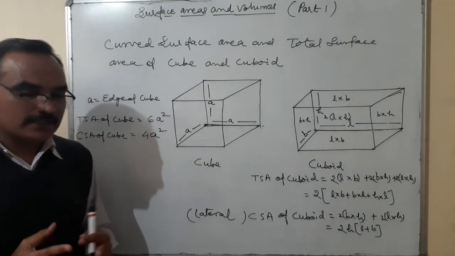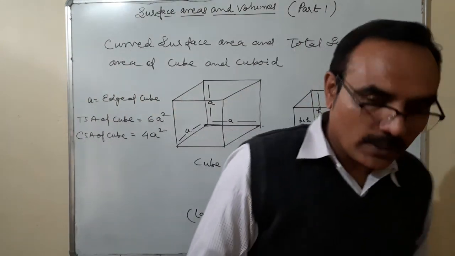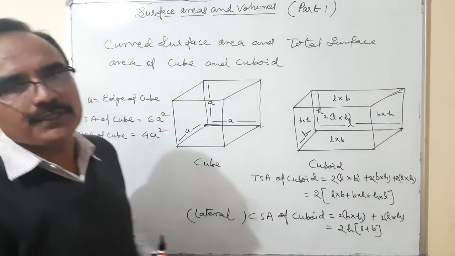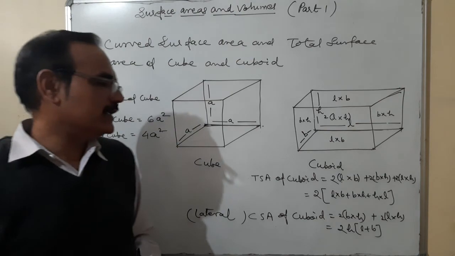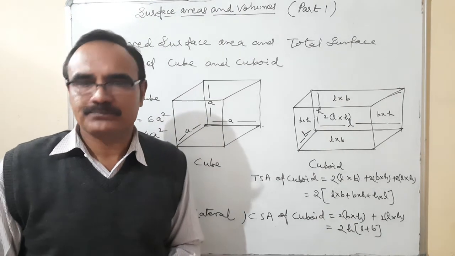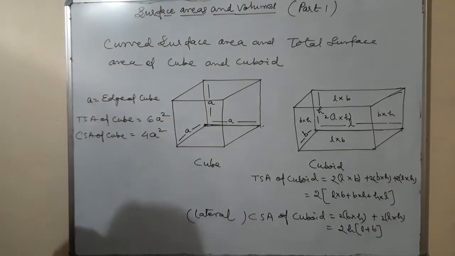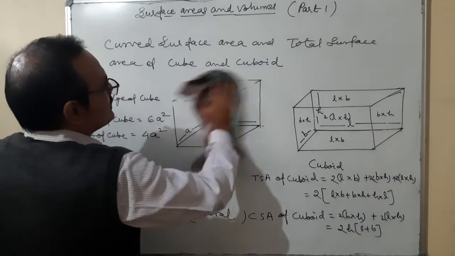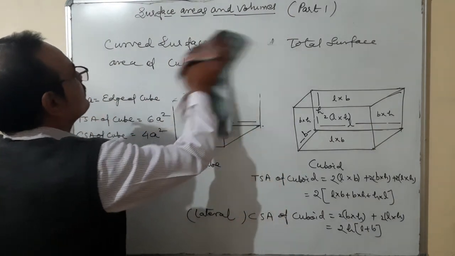In exercise 13.1, we'll have to discuss the TSA and CSA of cube and cuboid. So remember these formulae, CSA and TSA of cube and cuboid.